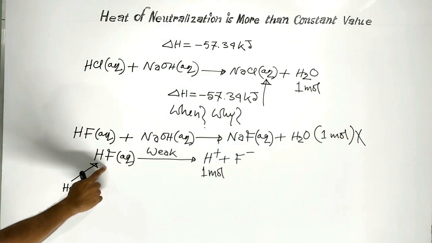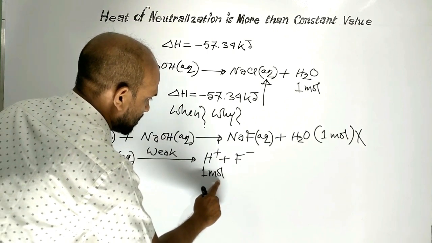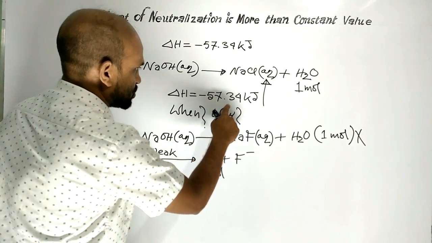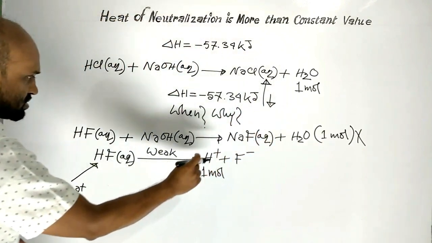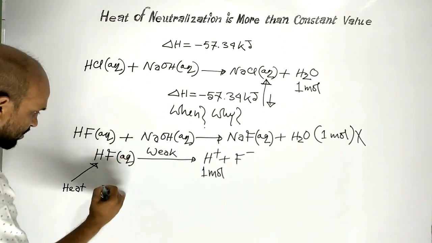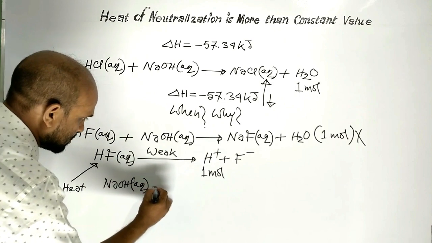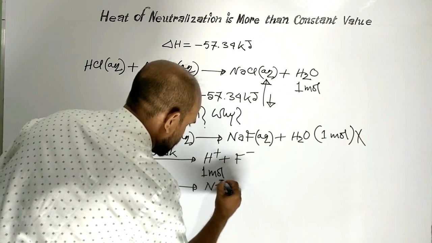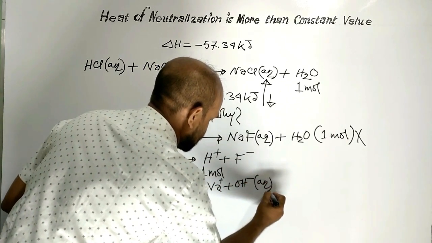In that case, hydrofluoric acid ionizes fully to form 1 mole of protons, and in that case this constant value decreases a bit. But now, with protons 1 mole, sodium hydroxide, which is a kind of strong base, ionizes completely to form sodium ion and hydroxide ion.